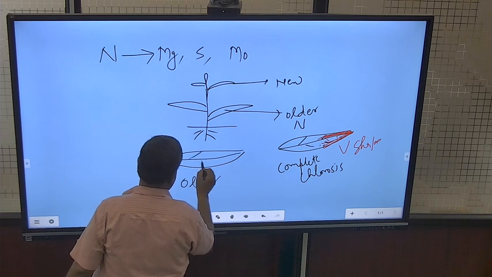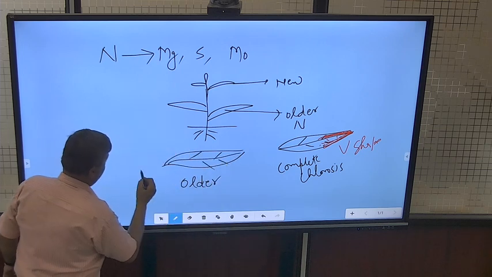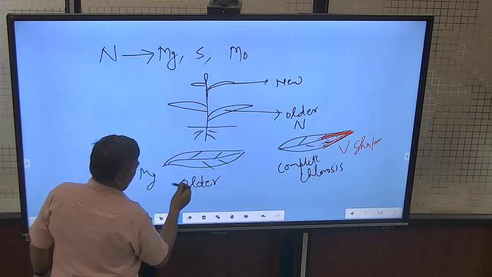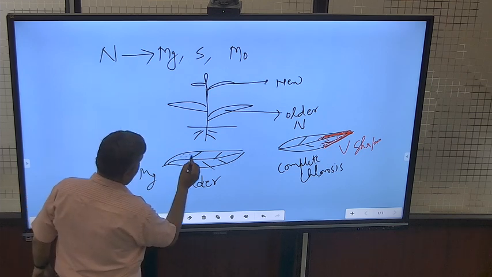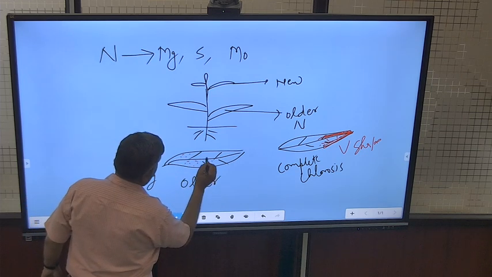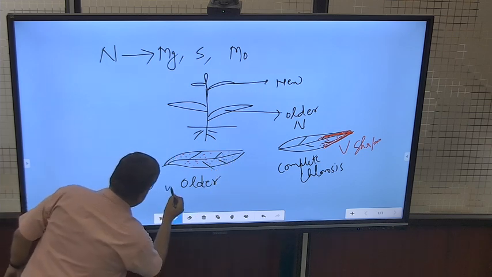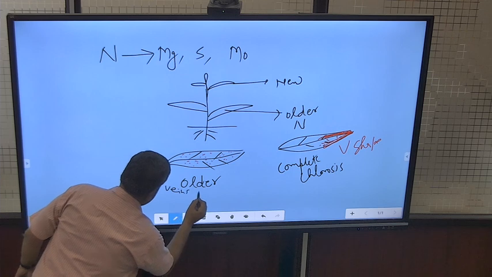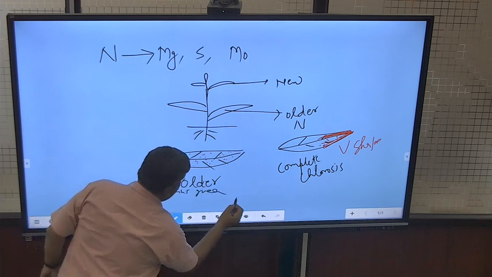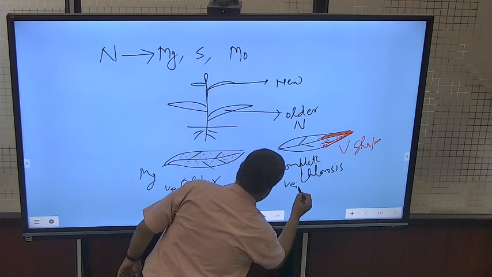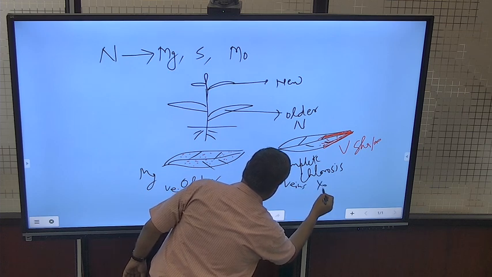So, this is nitrogen deficiency, but in case of magnesium, in older leaves, chlorosis is between the veins. So, veins remain green, whereas here in nitrogen the veins are yellow.